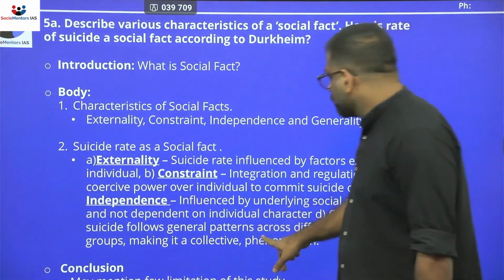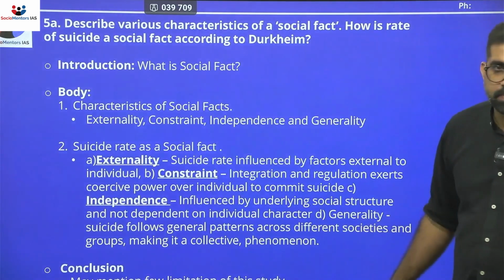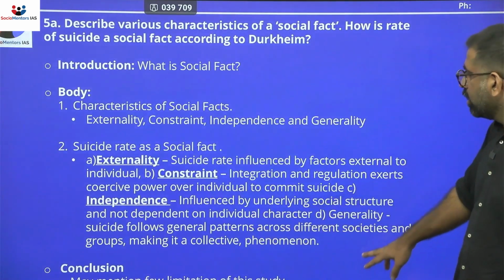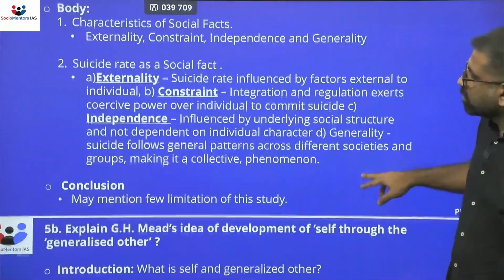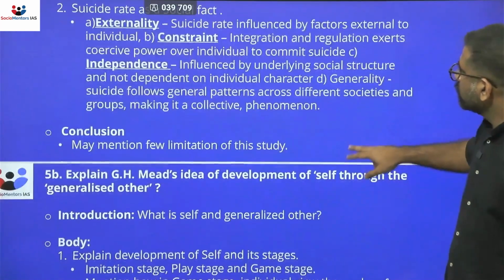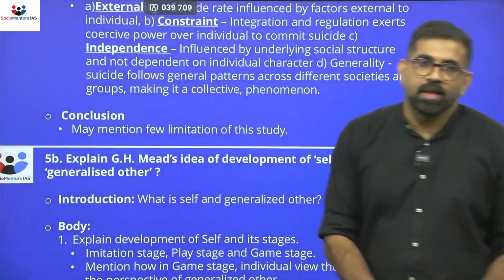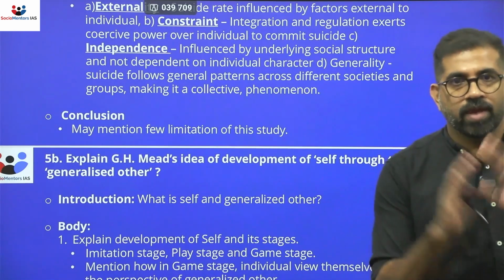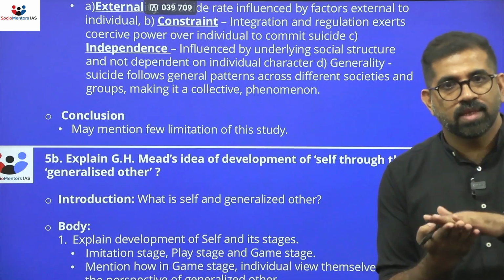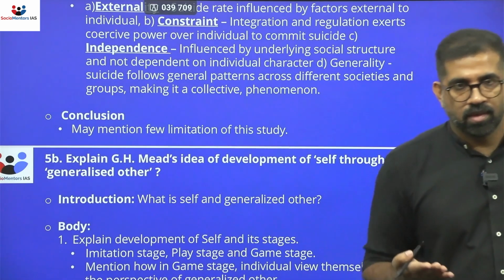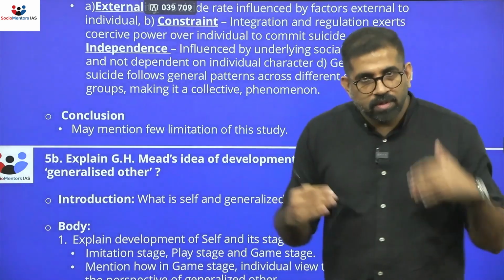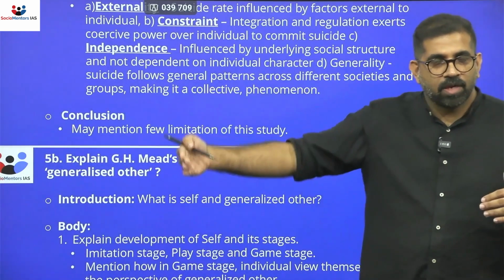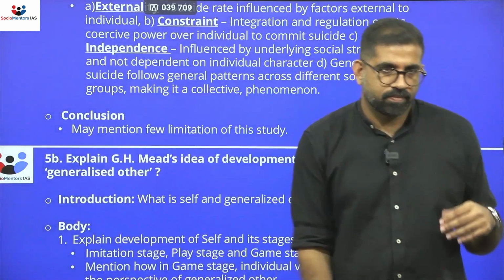And finally, when it comes to generality, what you need to understand here, according to Durkheim, is that suicide follows general patterns across different societies, making it a collective phenomenon. It is general in the sense that when you look into various groups, you can see the suicide rates are generalized. Catholics, lower suicide. Protestants, higher suicide.